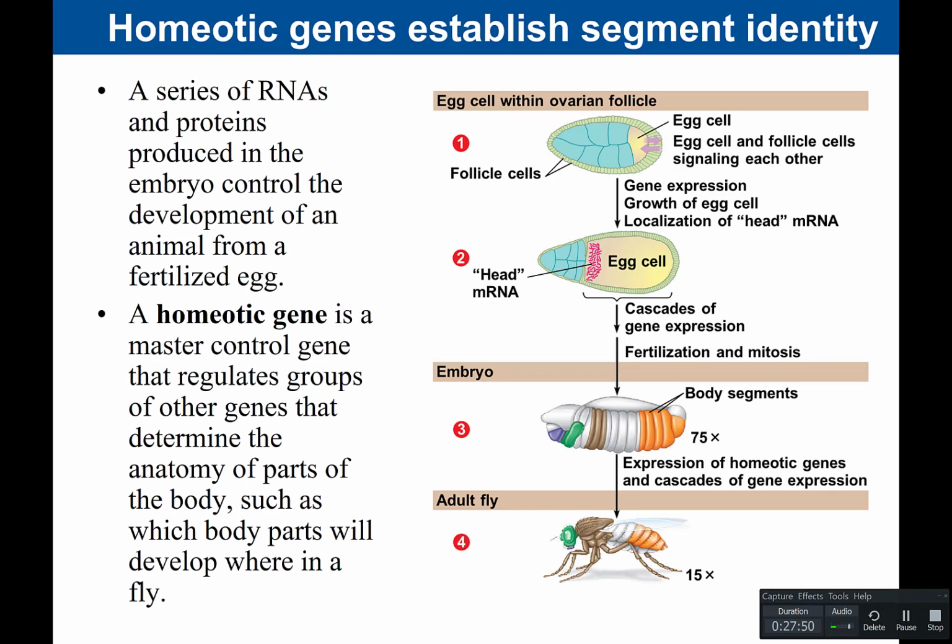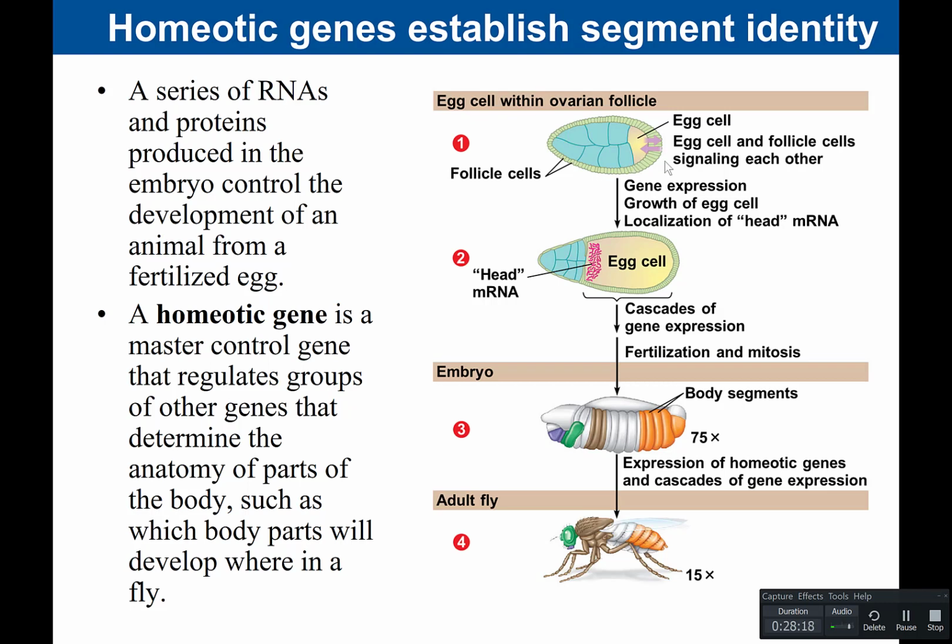So a series of RNAs and proteins produced in the embryo control the development of an animal from a fertilized egg. If we look within an ovarian follicle in the Drosophila, they will have this egg and these follicle cells. And the follicle cells are support cells.